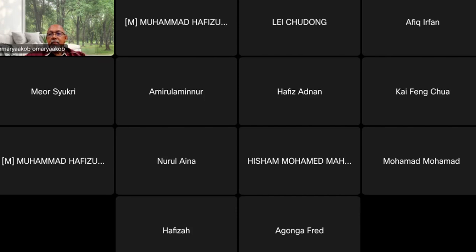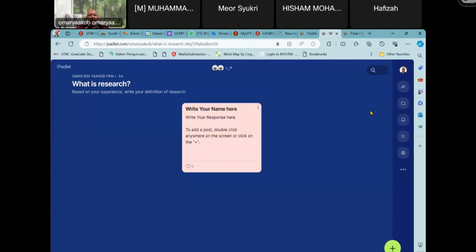So you go to a Padlet, which looks like this. I'm going to share my screen. It's a Padlet, padlet.com. Everybody can join, yeah? Now, as you can see here, the question is, what is research?